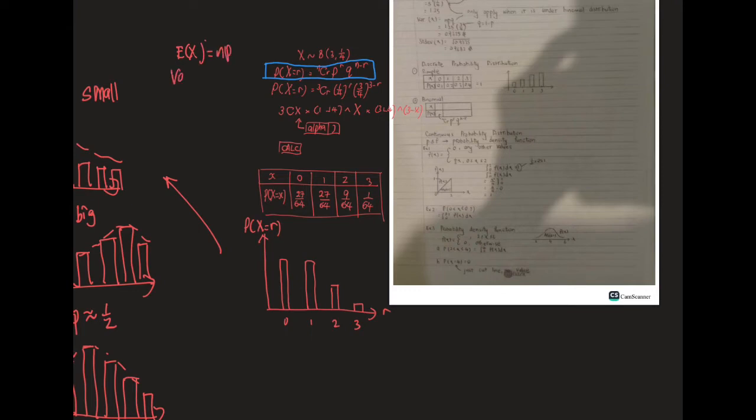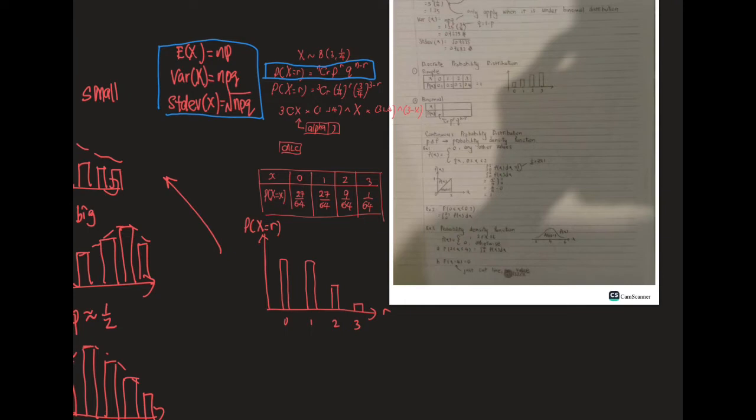Variance of X equal to npq. Standard deviation equal to square root of npq. So these are the 4 formulas for binomial distribution. You just need to remember 4 things, the 4 formulas for binomial distribution.